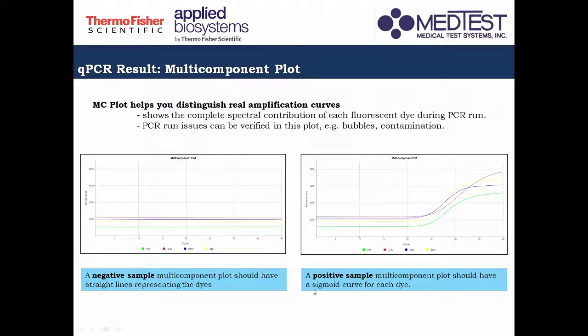And then for a positive sample, you would want to see a sigmoid curve also on the multi-component plot. So that means there is really a true detection of fluorescence in your samples and not just a glitch in your instrument. So malalaman mo yan pag dito sa multi-component plot may nakita kang ibang curve aside from the sigmoid curve. So that means there is something wrong with your qPCR run.